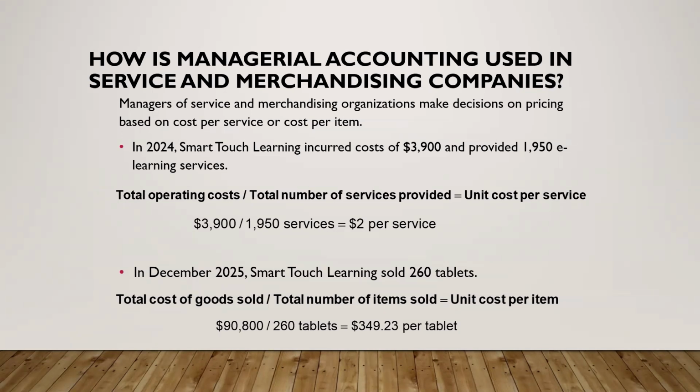Now, service companies do not have product costs, so operating expenses are considered in calculating the cost per service. Merchandising companies need to know which products are most profitable, and this information helps managers establish selling prices. The unit cost per item is found by dividing the total cost of goods sold by the total number of items sold.